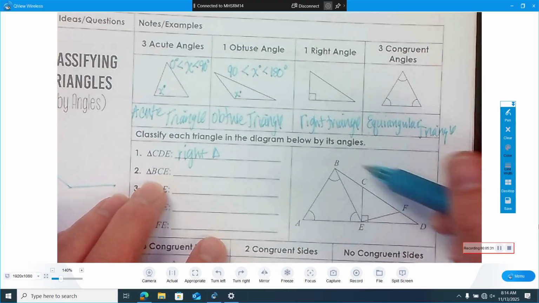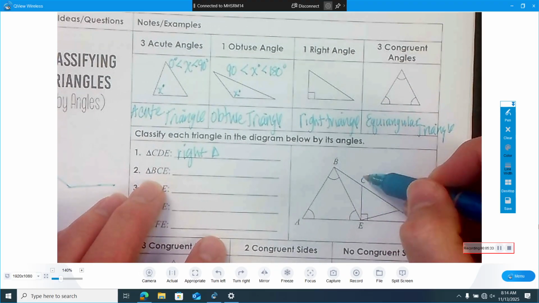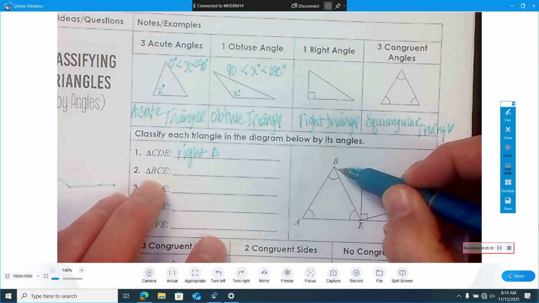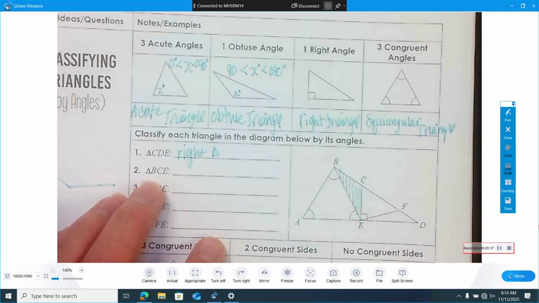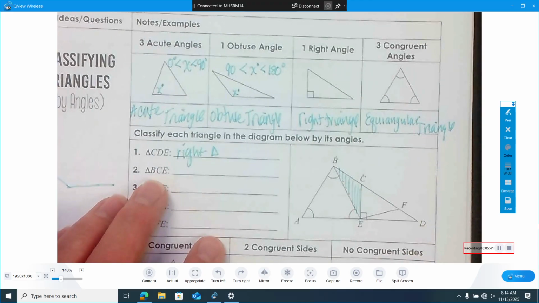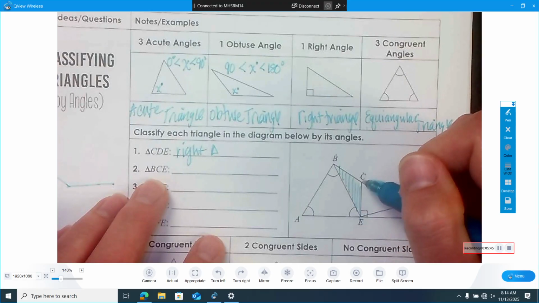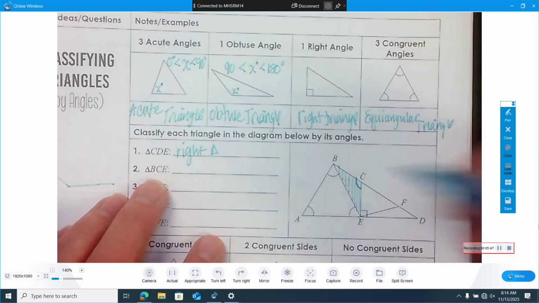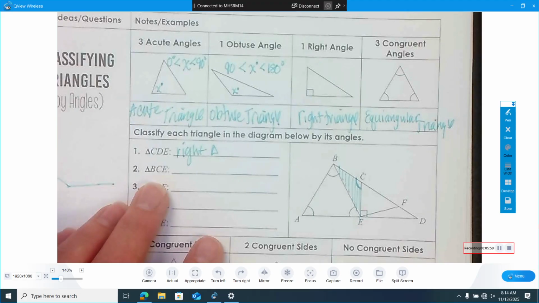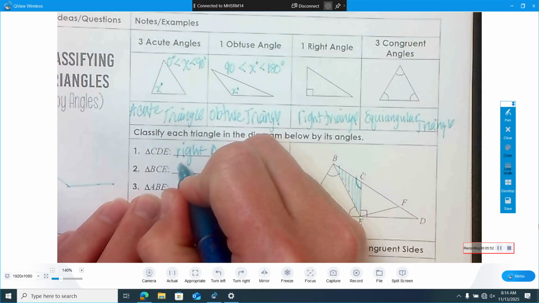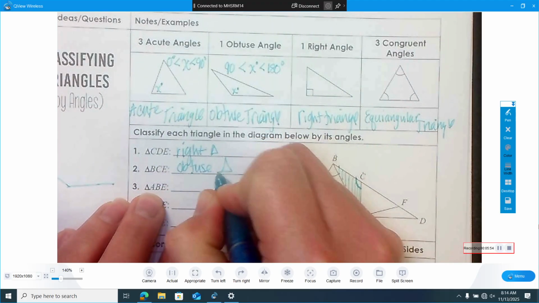Triangle BCE is this triangle right here. How would you classify that triangle? Obtuse. This angle C right here looks like a very large angle. We would call that an obtuse triangle.